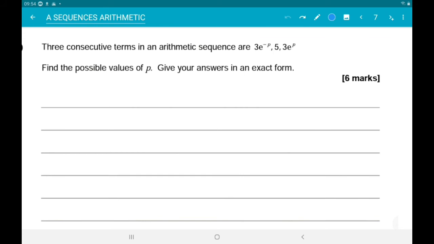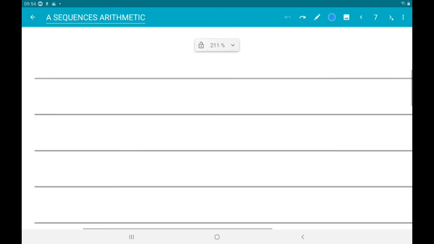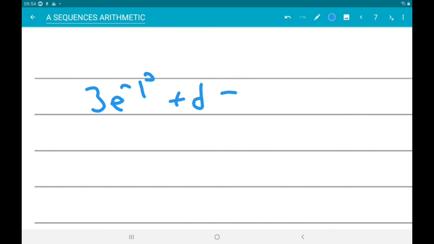Alright, so because it's arithmetic, we know that 3e to the minus b plus d is 5, and we know that 5 add d is 3e to the b.